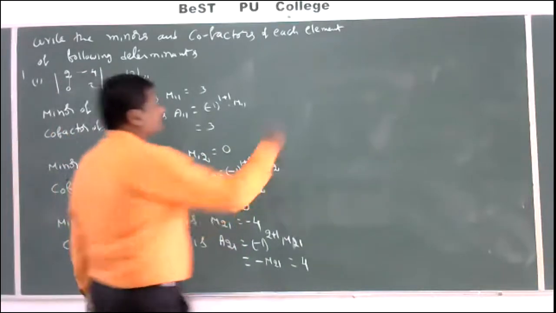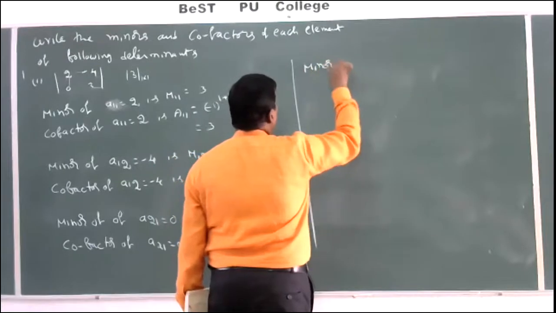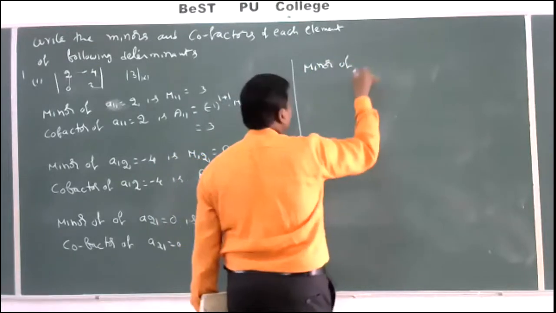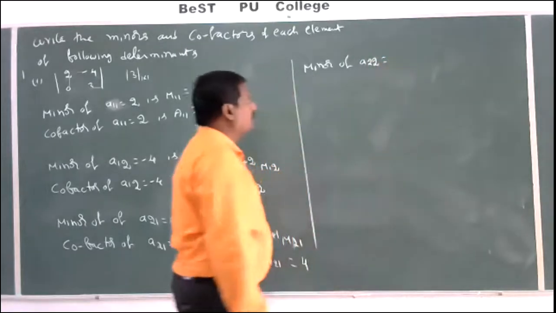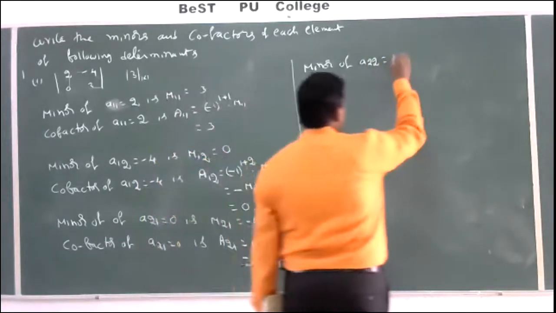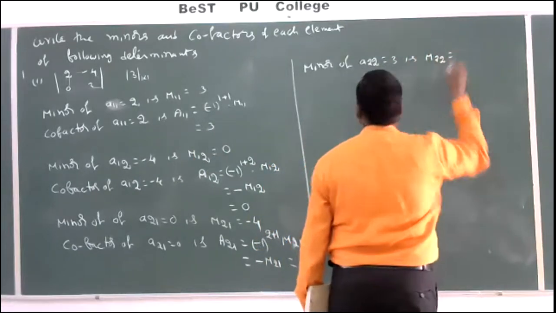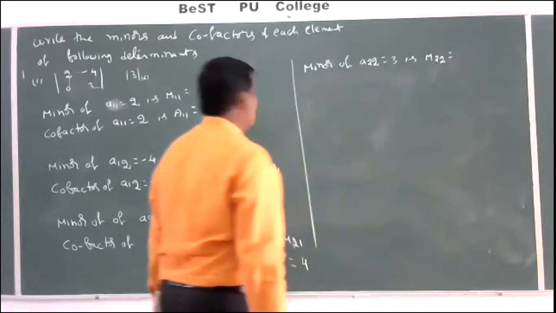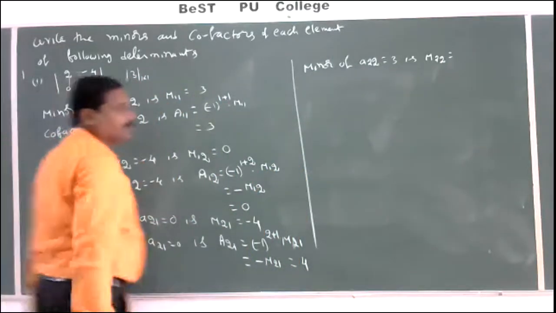Next, the minor of A22 equal to 3 is M22. This is equal to, leaving the second row and second column, the remaining element is 2.